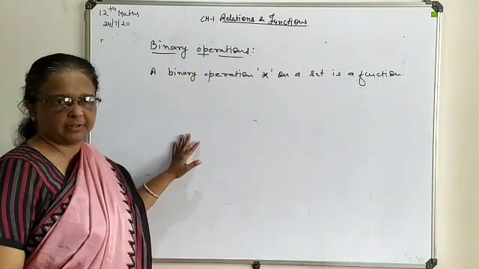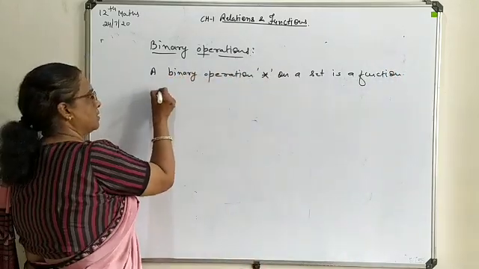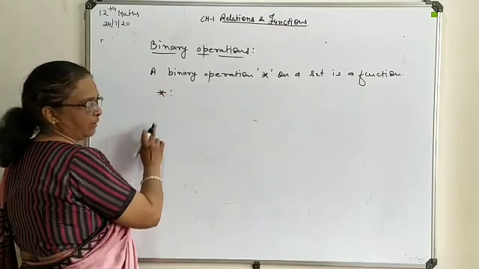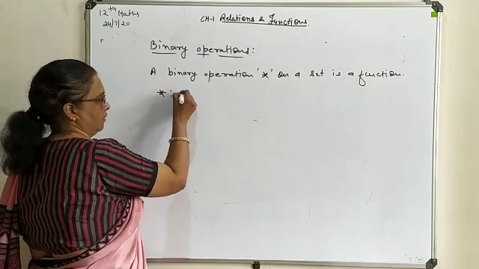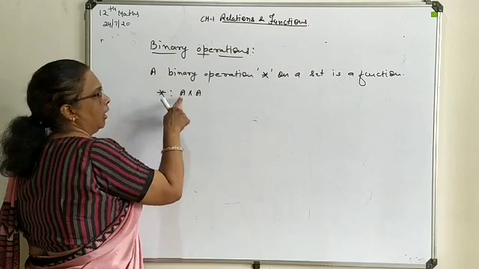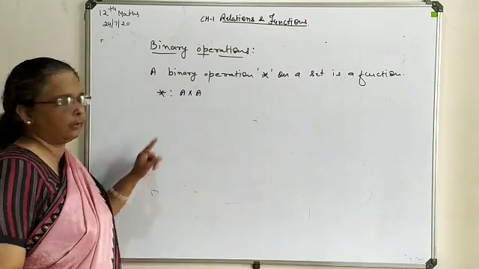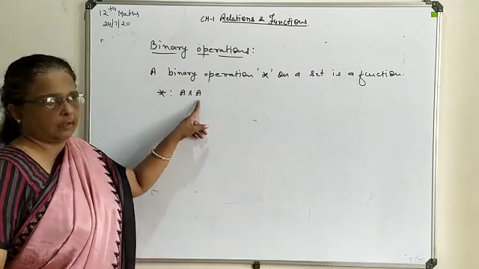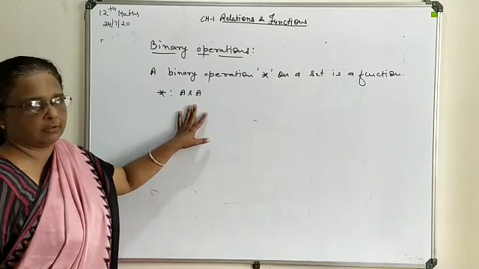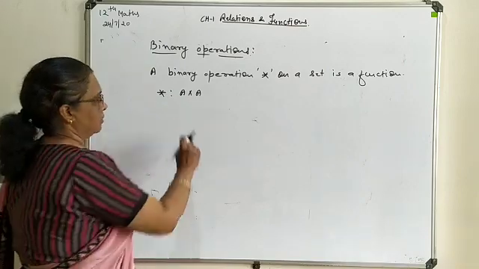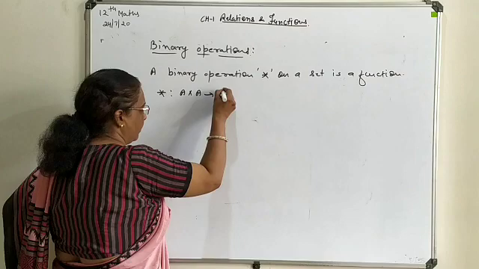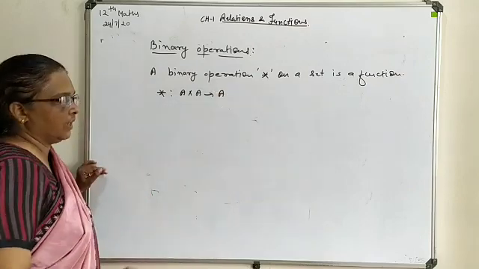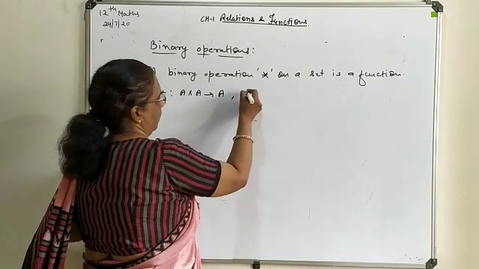How can it be defined? A binary operation you can define such that the domain will contain the ordered pair A cross A, meaning it will be defined on any set. So A cross A will map to A.